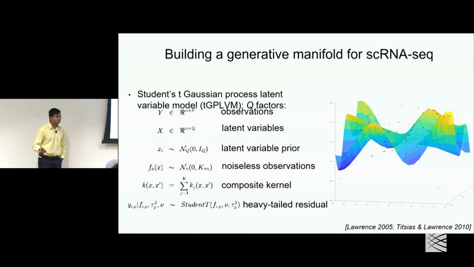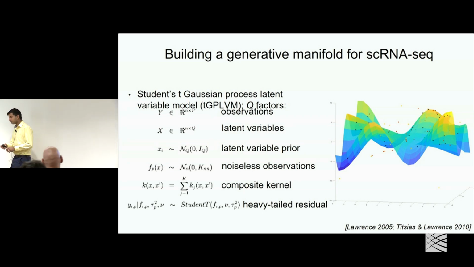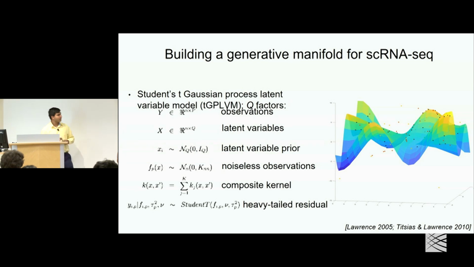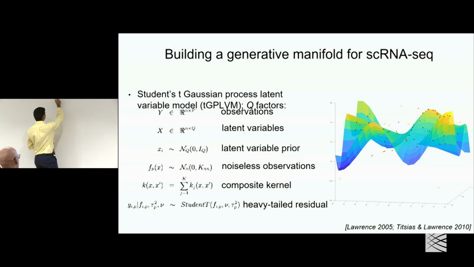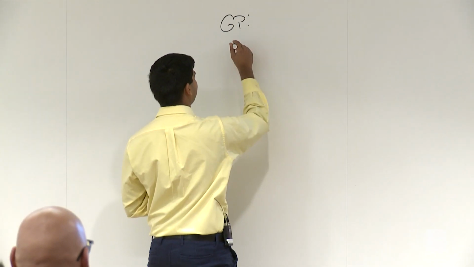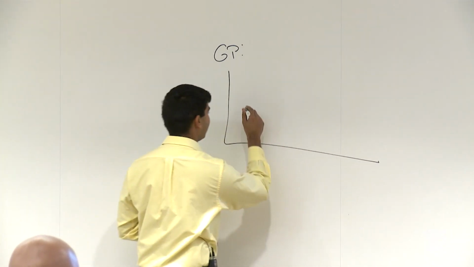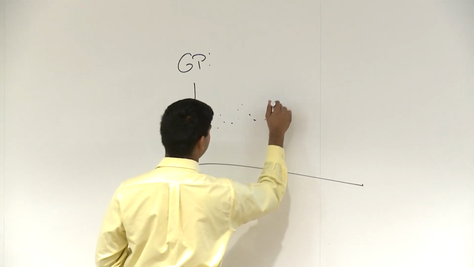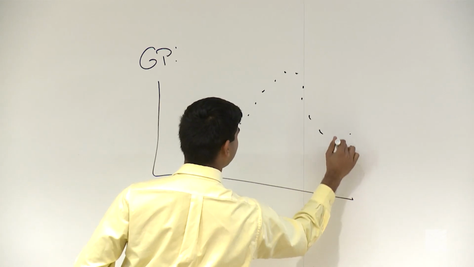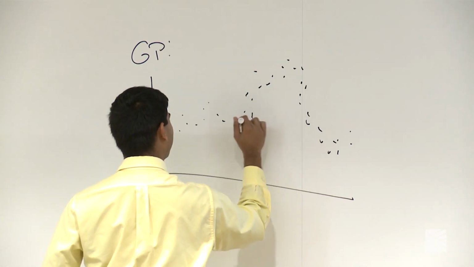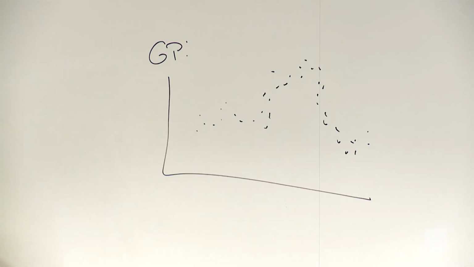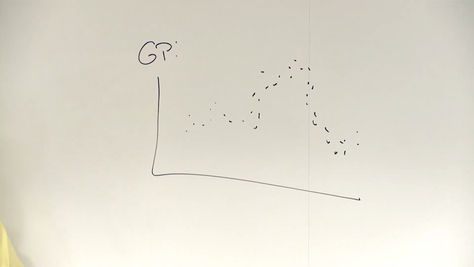So a normal Gaussian process: if I observe some data like this, and then there's some noise around, a Gaussian process is just a distribution over functional space.